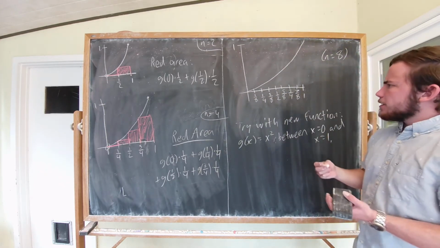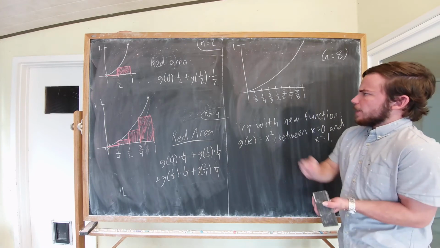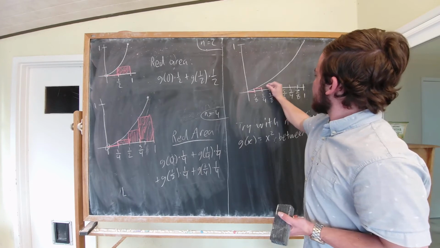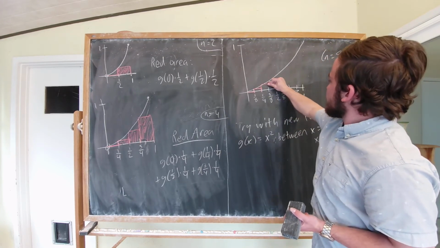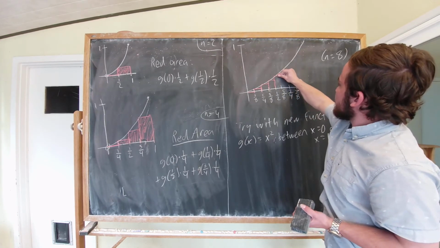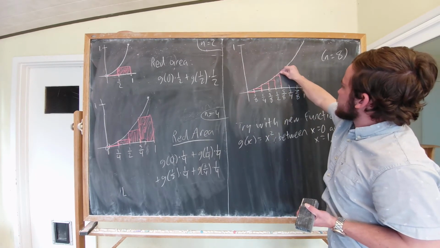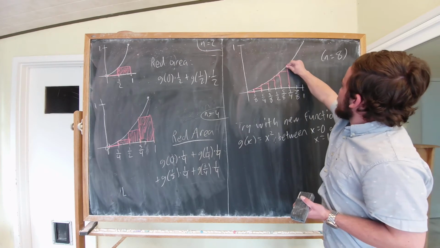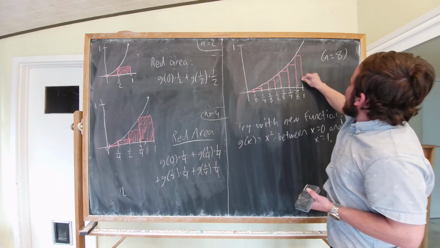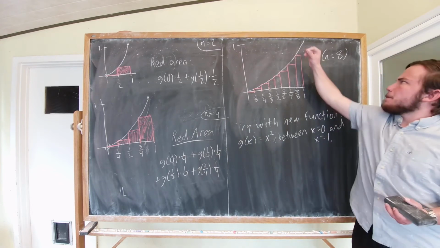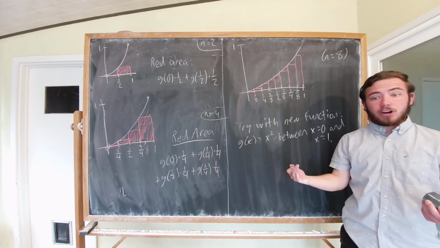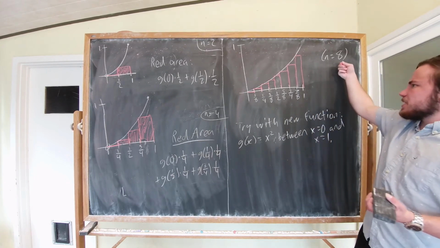All right, between there and there, if we draw our rectangles, we get something that looks like this. So we're missing barely any of the actual area under the curve at this point, right? At just n equals 8.